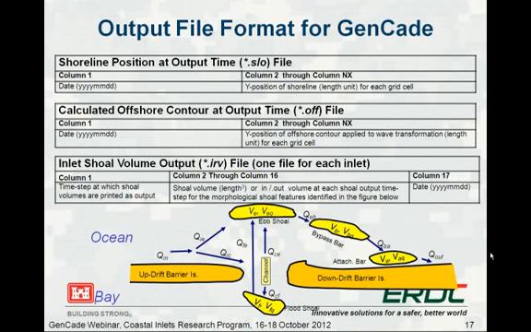In addition to that, we have the shoreline position at the output time file. This is the .slo file, and this is actually one of what I consider one of the most informative files. If you open it up, you're not going to be able to tell much about it. It's actually going to show the Y position of the shoreline at each of our cells. So you're going to have a very large number. This is actually the offset from your grid at each cell.